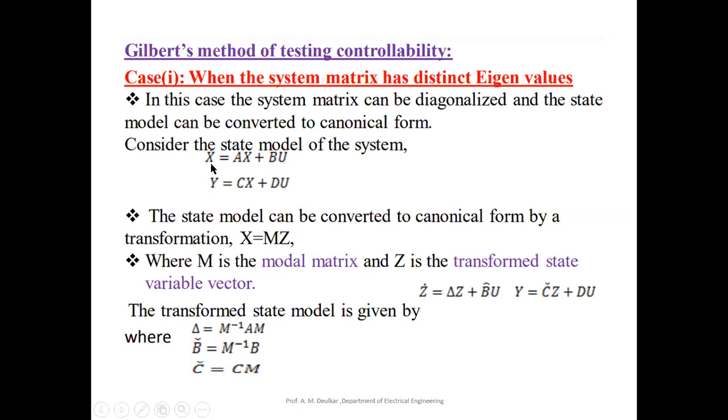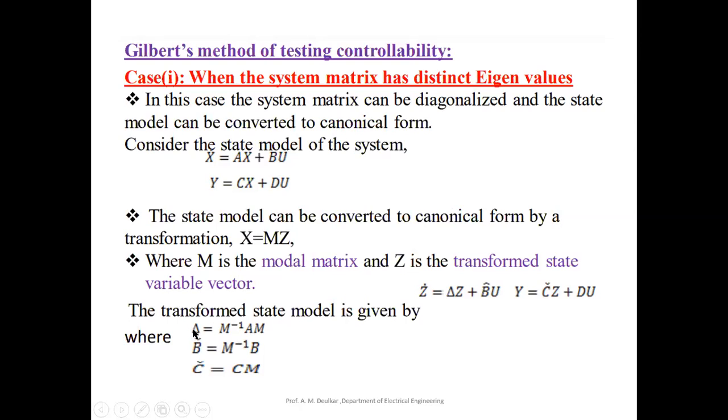So x dot is equal to Ax plus Bu, the original state space model, will now be transformed to the new state space model with the state variable z. The state equation will become z dot is equal to capital lambda z plus B bar u, and the output equation will be modified as y is equal to C bar z plus Du.